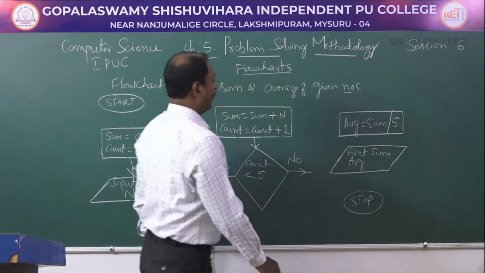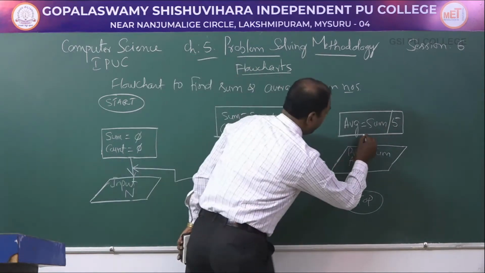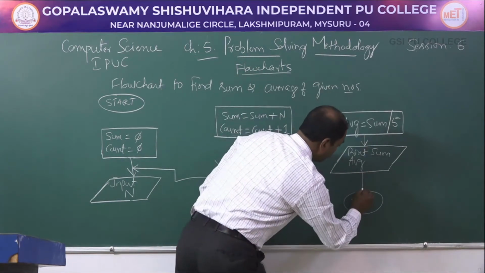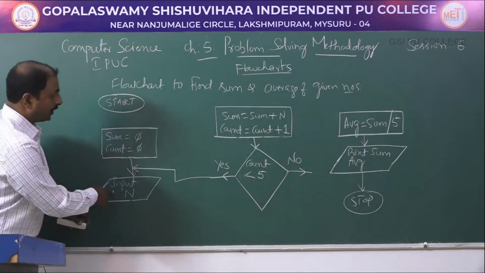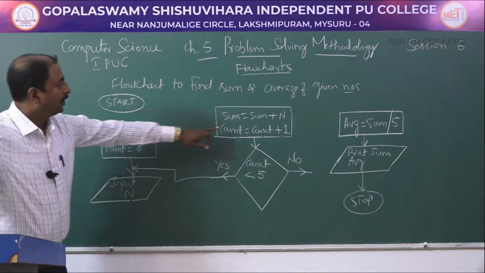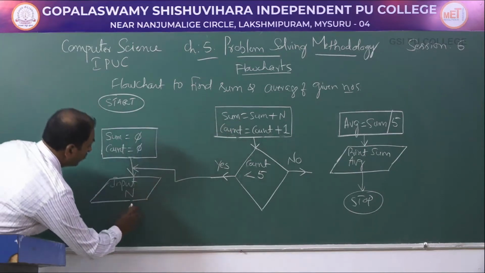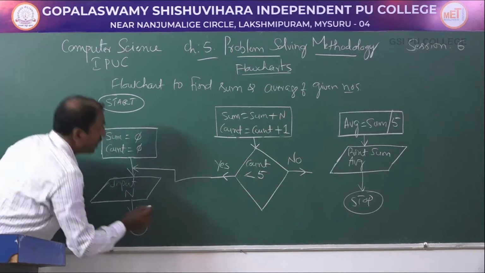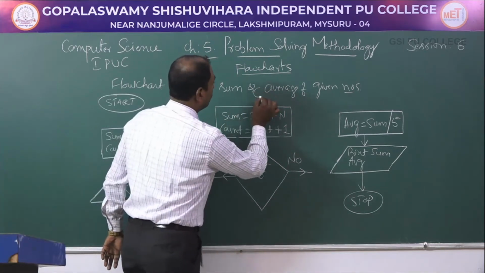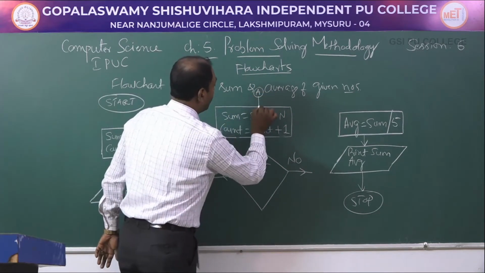And students, let us start writing this flow lines. See here. Now after this, next step is I am connecting this flow chart with a connector. So here I can write A. I am connecting this.